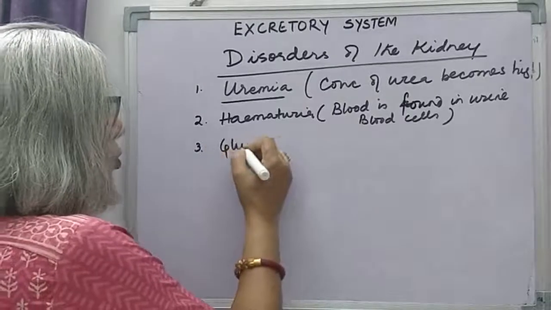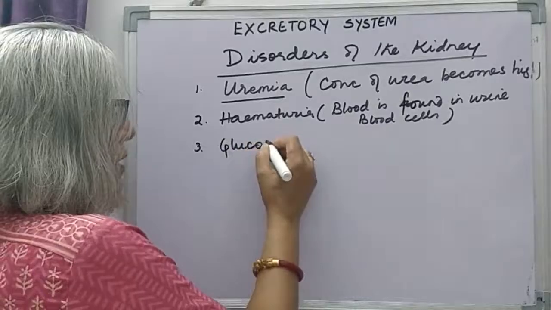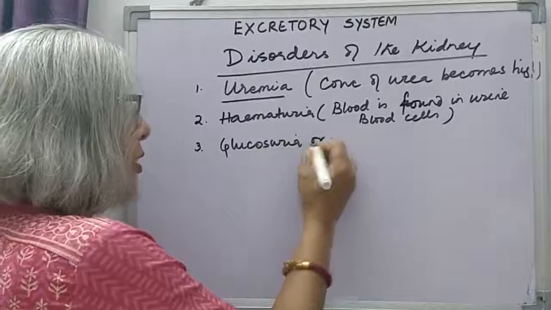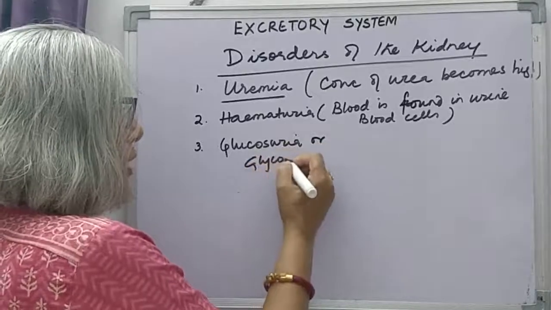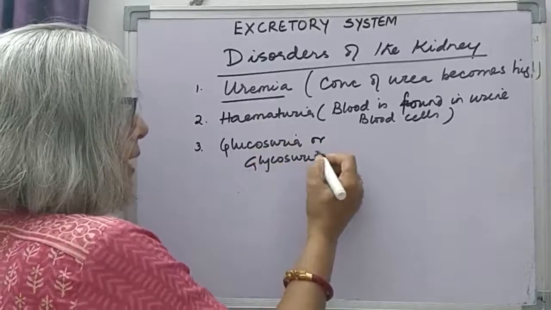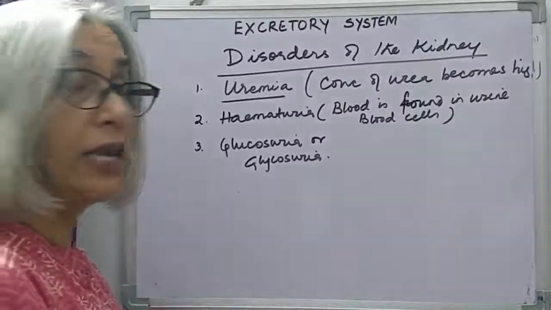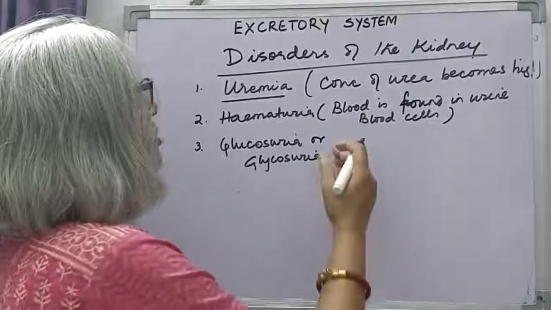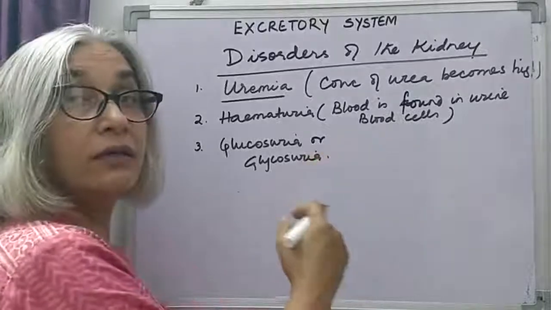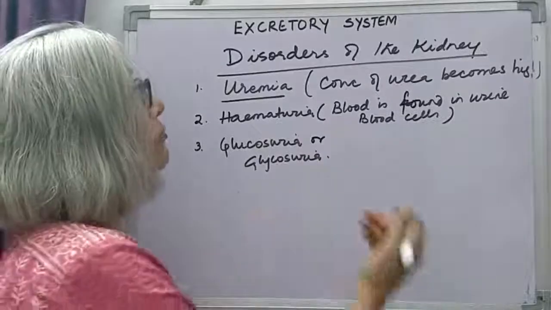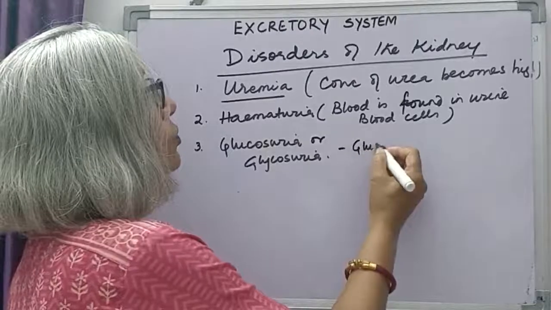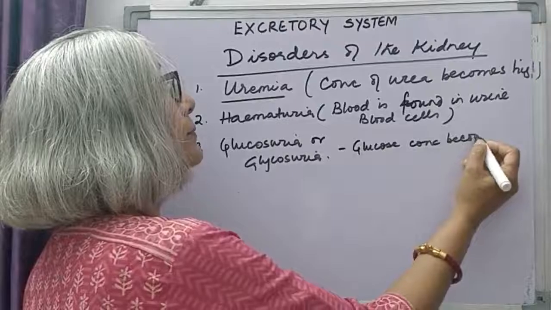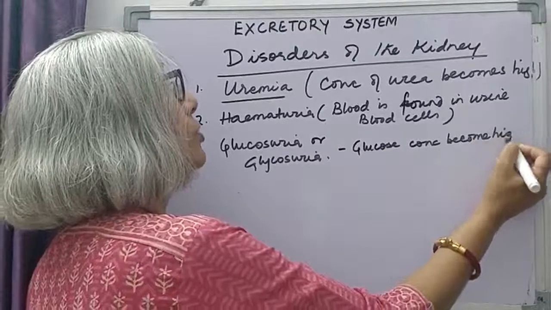Then if glucose is excreted in the urine, the problem is called glucosuria, or it is also called glycosuria, which I just now explained in diabetes mellitus: the balance of glucose is unable to be maintained, glucose concentration becomes high and it is removed with urine.